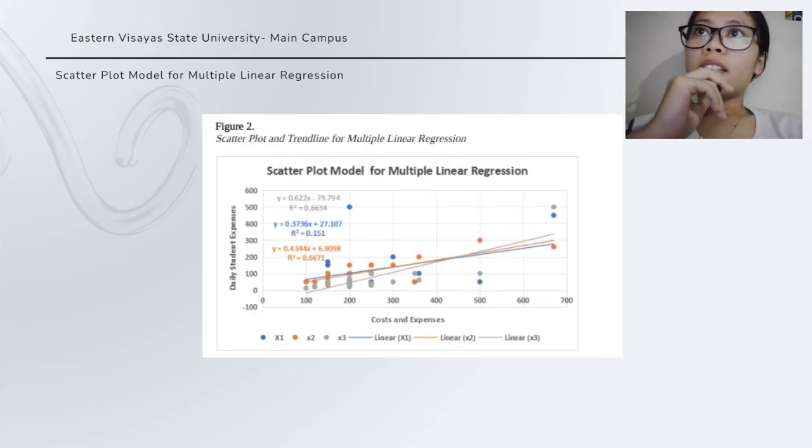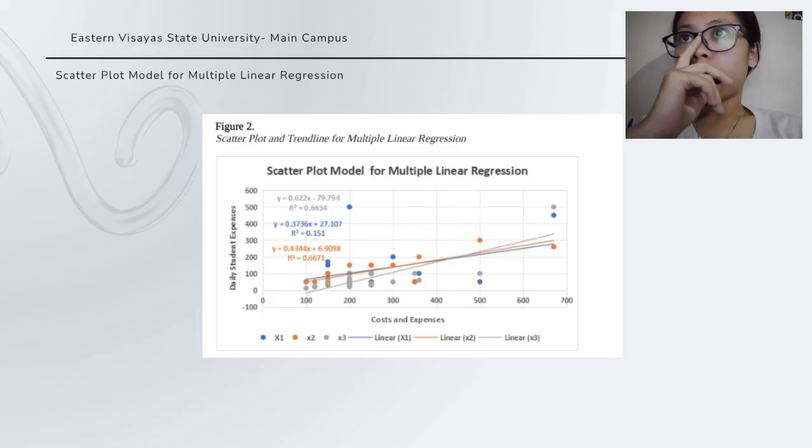So next slide is a graph of a scatter plot model for multiple linear regression. This involves our three independent variables and their relationship to our y variable, which is the daily student expenses. So here, our blue corresponds to our x sub 1.